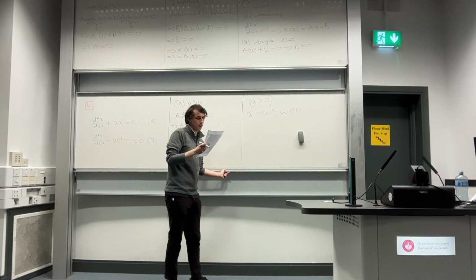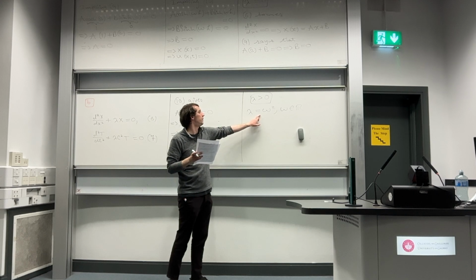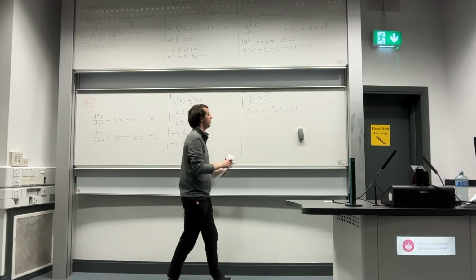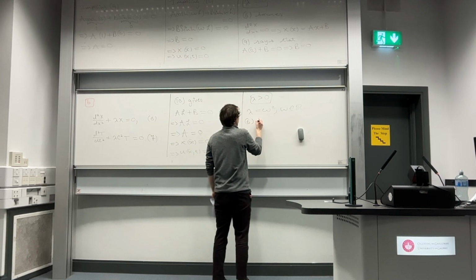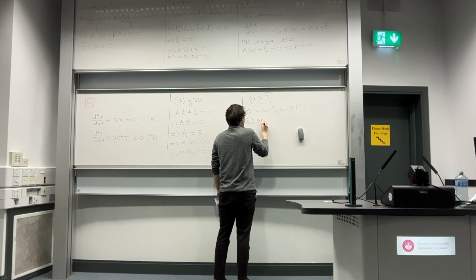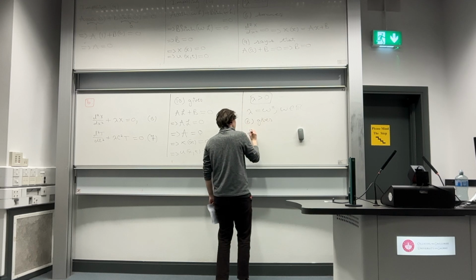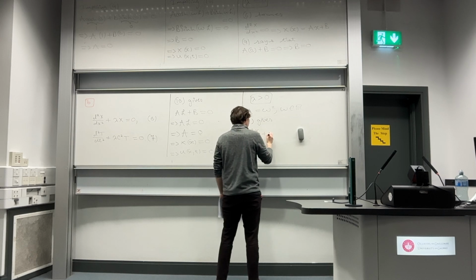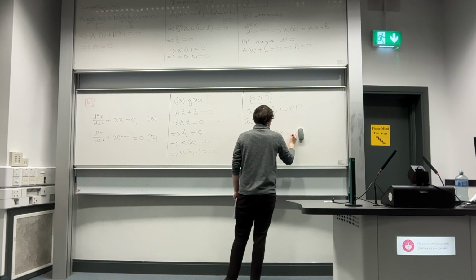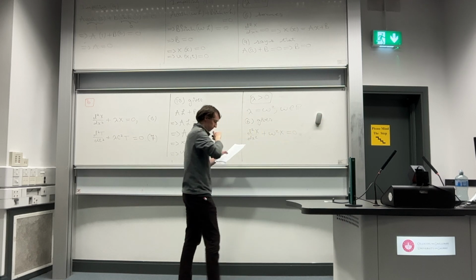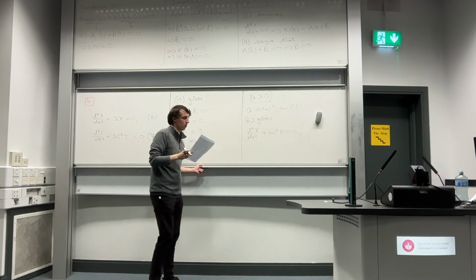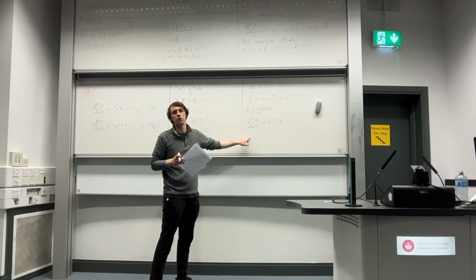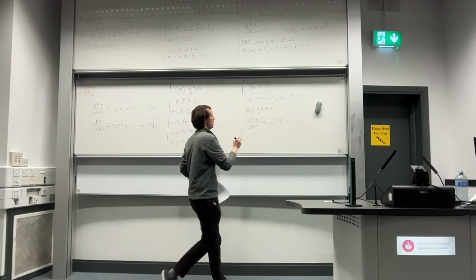Okay, so in this case, if we substitute our expression for lambda in terms of omega into equation 6, what do we get? Well, equation 6 then would read d2x/dx squared plus omega squared x is equal to 0. Which of course is just the regular simple harmonic motion equation.